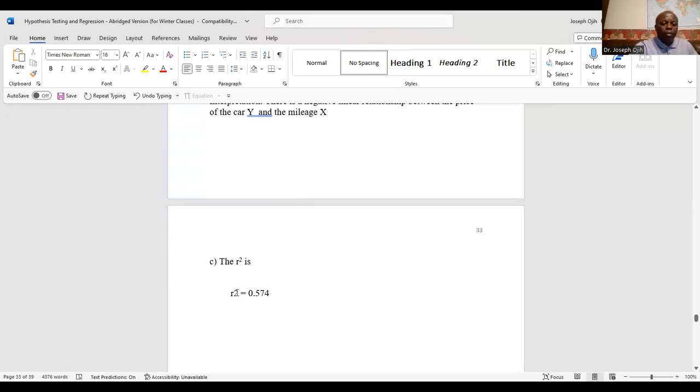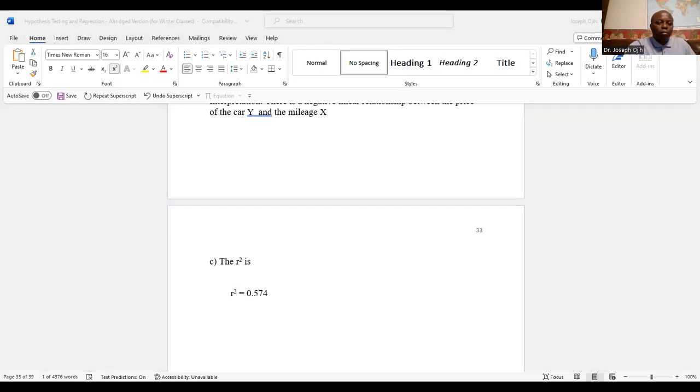Okay. Otherwise, like I said, you can get it from your calculator, using the key for the R squared.